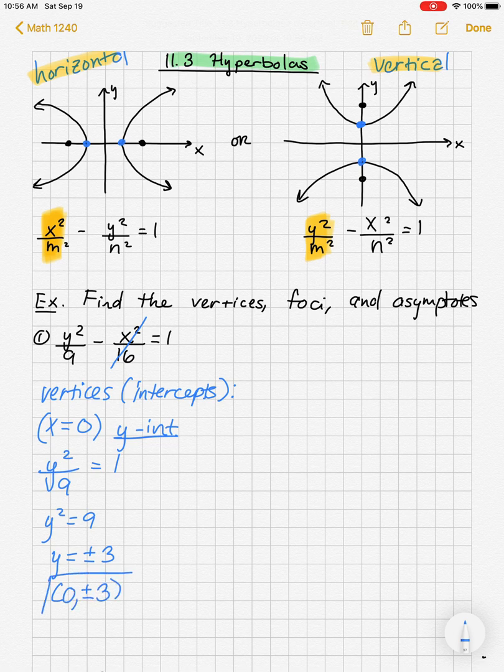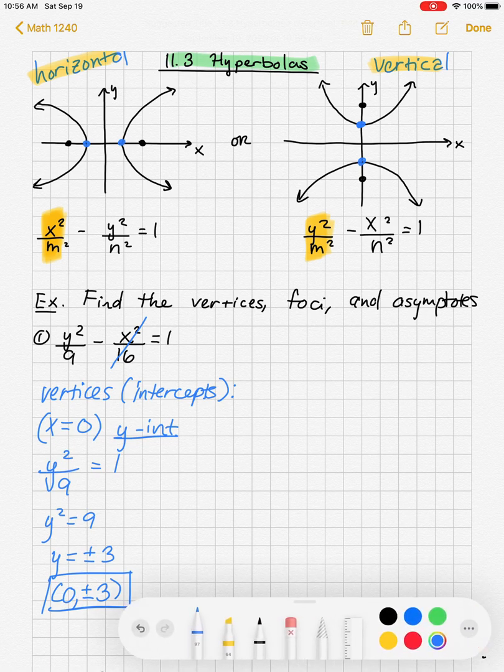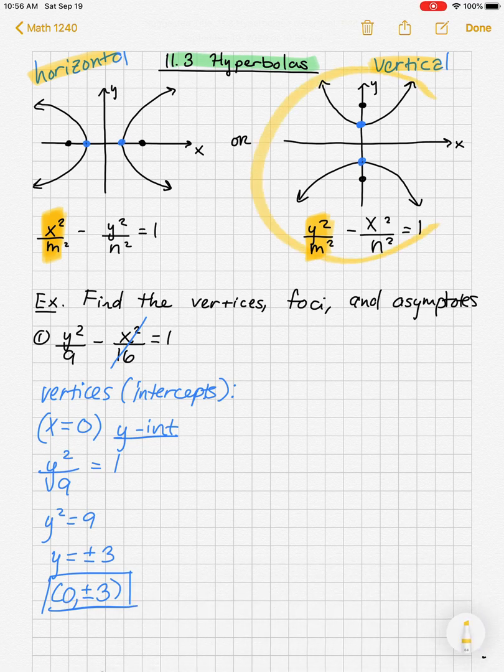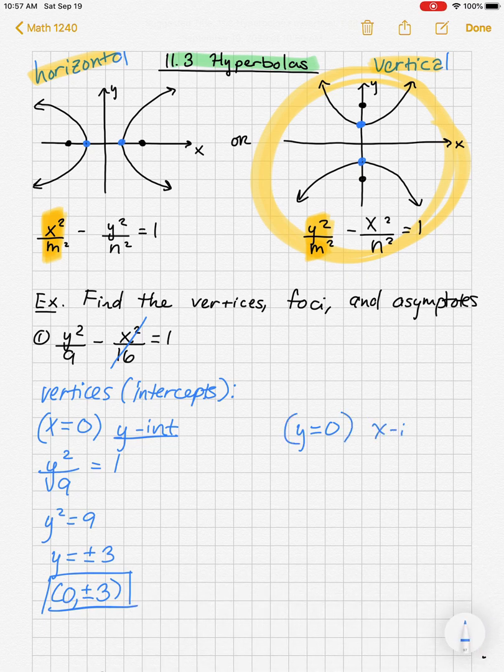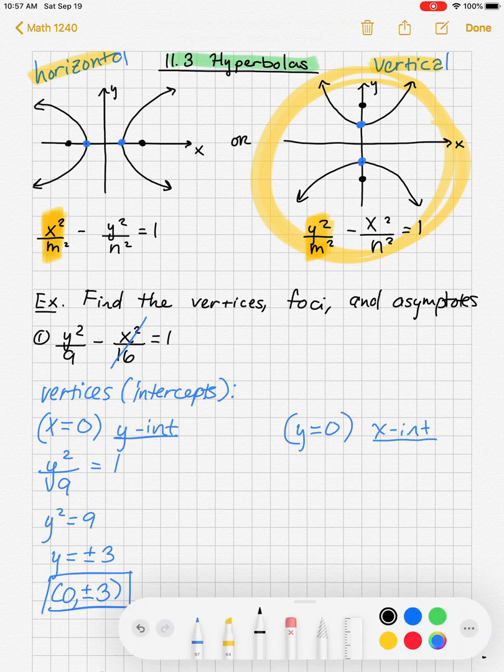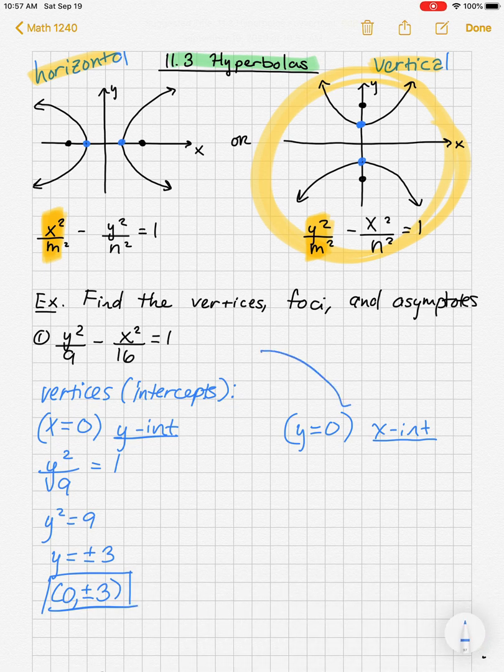Actually, just with that information, since I have y-intercepts, I'm dealing with a vertical hyperbola. Because look at what happens when I set y equal to 0, thinking in terms of finding the x-intercepts. When I go back to my equation, if I set y to 0, I'm left with the second term, which is negative.